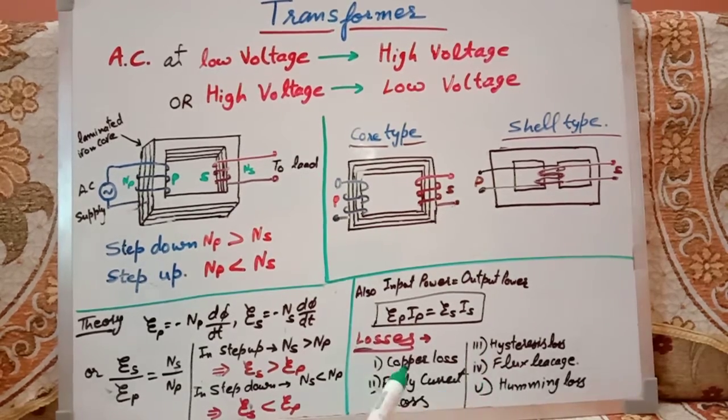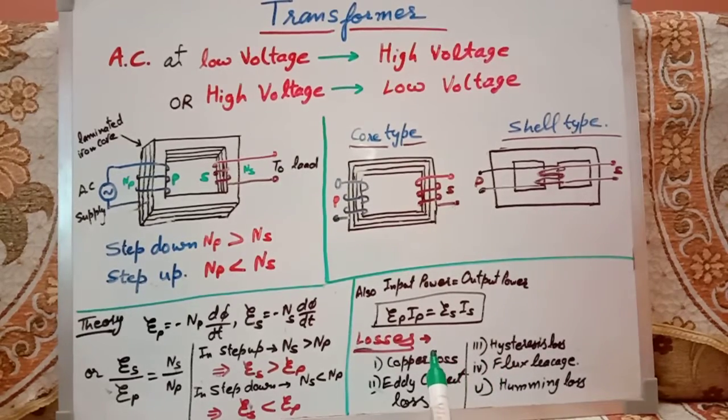Okay, these are the losses in the transformer, and the transformer is used in radio receivers, telephones, TV, refrigerators, stabilizers, and electric buildings. Even a step-up transformer is used in the production of X-rays. In the transmission of electric energy, mainly the transformer is used.